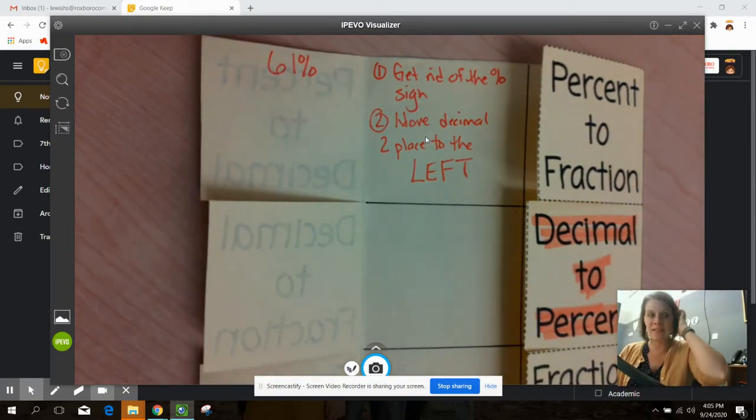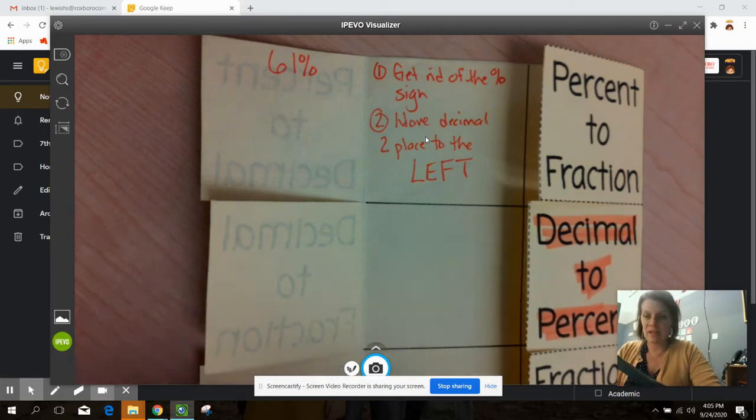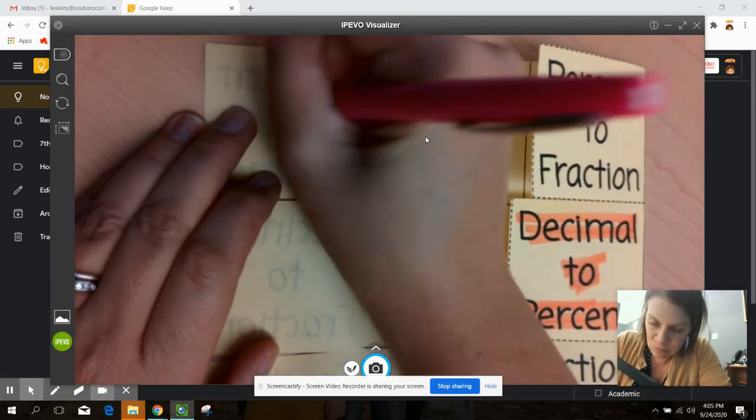Okay, we're going to get rid of the percent sign and we're going to move the decimal 2 places to the left. So what that looks like is we'll have this.